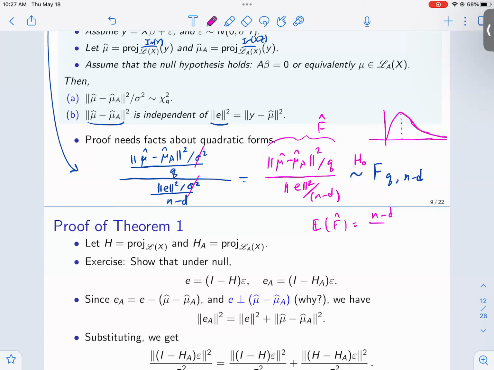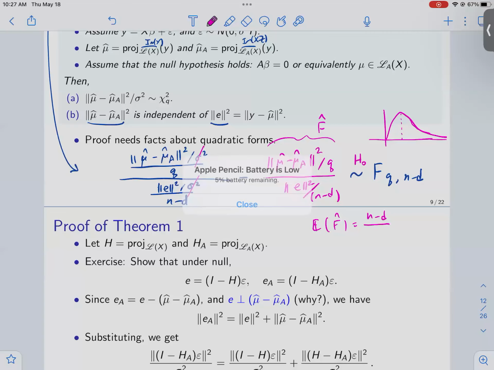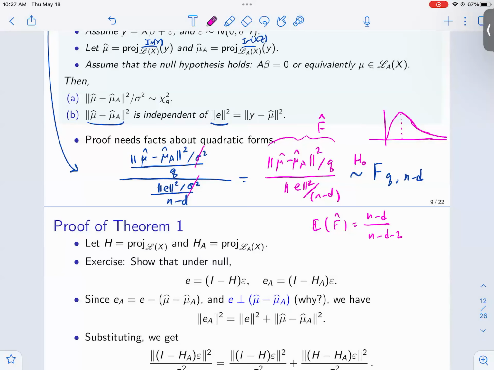Is n minus d in the numerator or the denominator? I thought n minus d is in the numerator, and then in the denominator you also had n minus 2. Oh, there's no q here, you're saying. So let's check. That's great. How do we check?